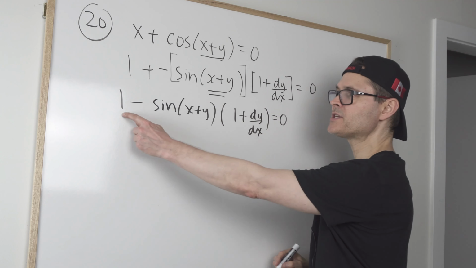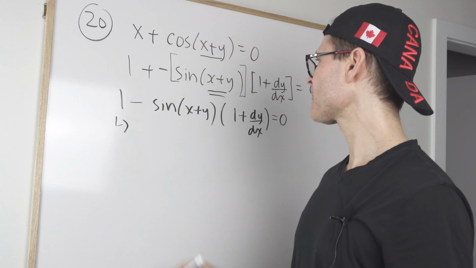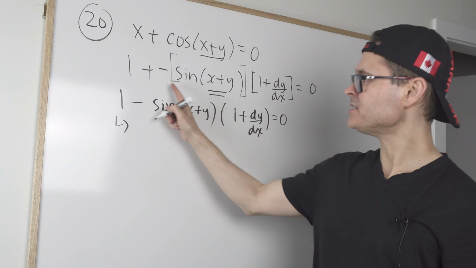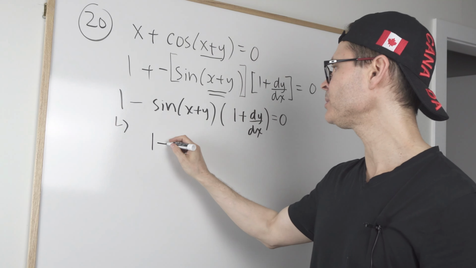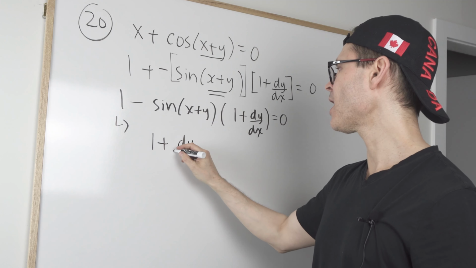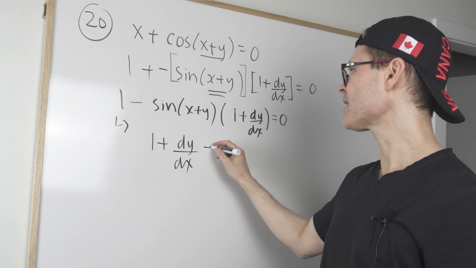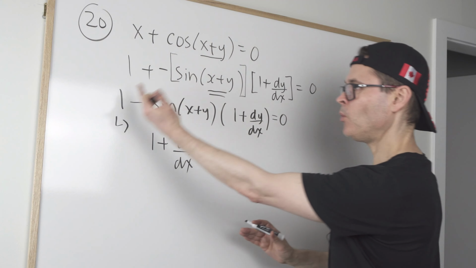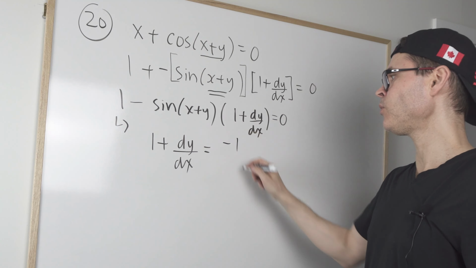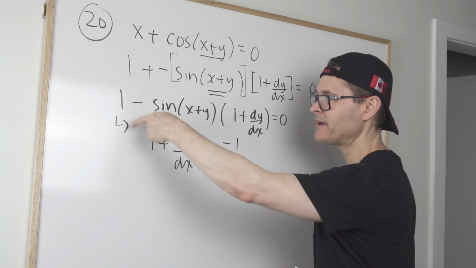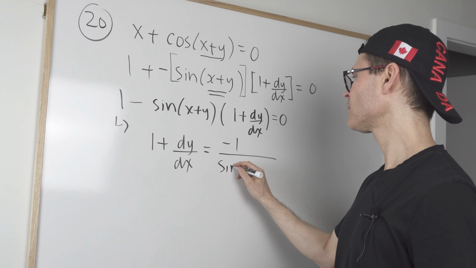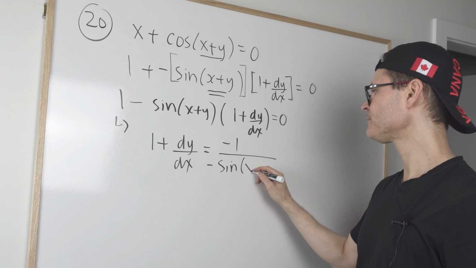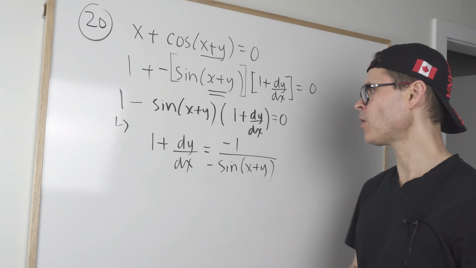So I'm going to move this 1 over to the other side. And then I'm going to divide by negative sine x plus y. That's going to leave a 1 plus dy dx on the left-hand side. The 1 comes over, becomes negative 1. And then I'm going to divide by this. This will be the coefficient all over negative sine x plus y.